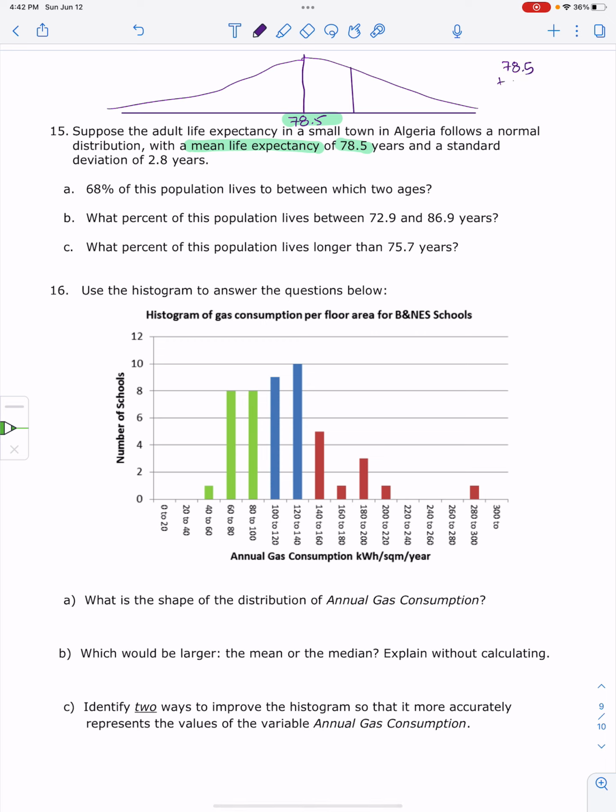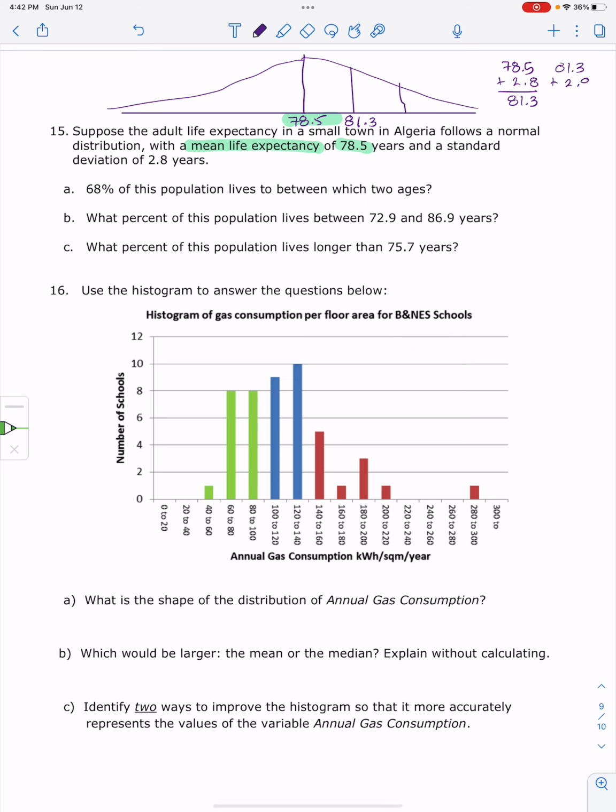And I'm going to write that over here just in case the words aren't making sense. Gives me an 81.3. Sorry, decimal's in the wrong place. 81.3 plus 2 standard deviations means we're taking our 81.3.